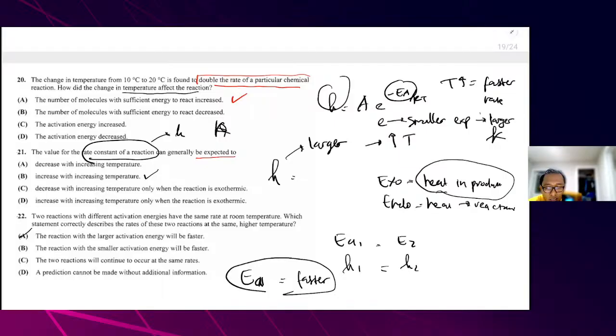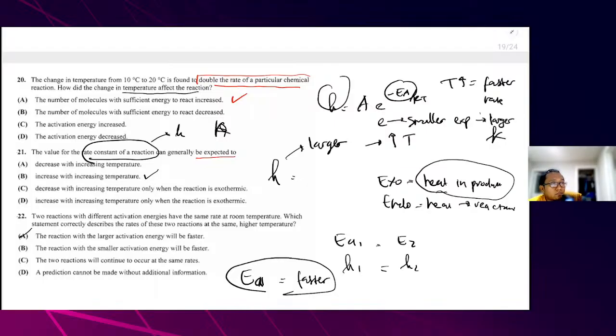Number 22 is still the same. The key concept is still the same. The higher activation energy will increase the sensitivity of the reaction.